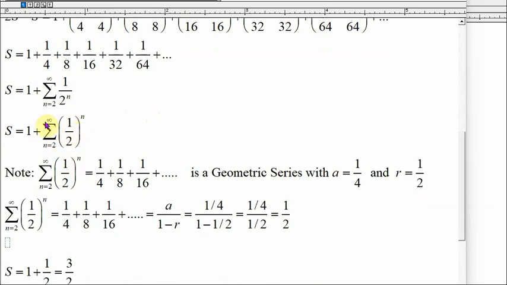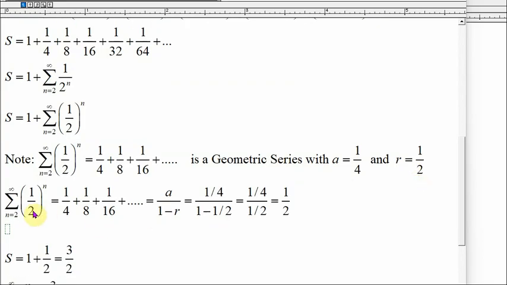And then this summation right here is a geometric series with the first term of 1/4 and a common ratio of 1/2. So we know it converges to a over 1 minus r. a is the value of the first term, which is 1/4, and then 1 minus the common ratio of 1/2.